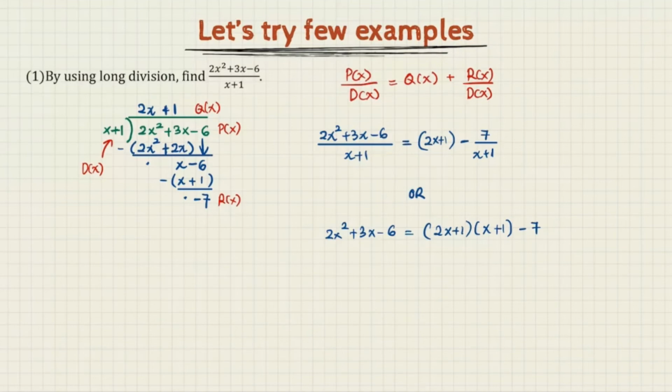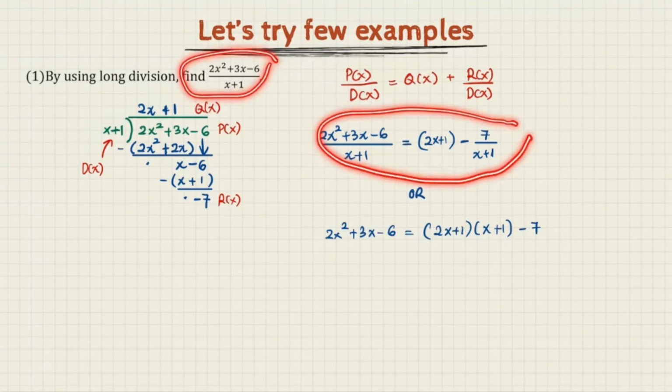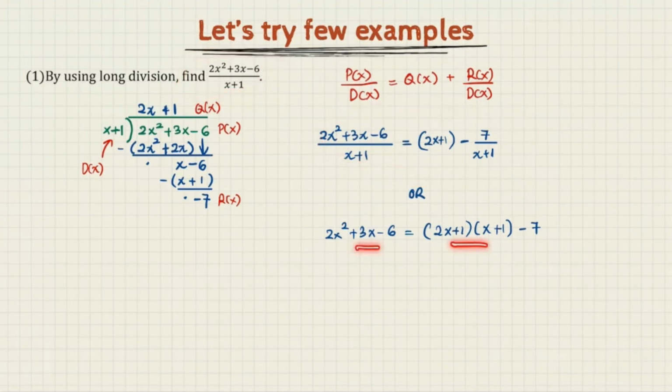Okay, so look at what form the question asks us to express the answer in. If it doesn't mention anything, we can just write our final answer like this. Okay, if it asks to write in product form, then we write the answer like this. So this one is our P of x equals to Q of x times by divisor D of x plus our R of x. Okay, so this is the first example.